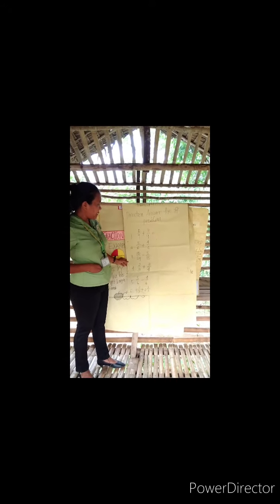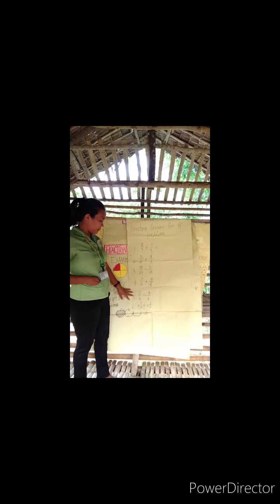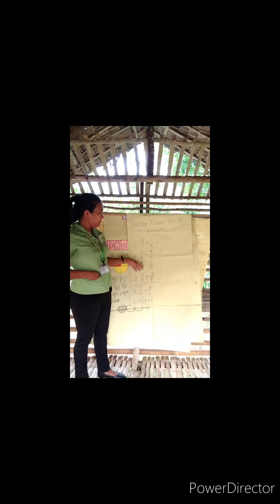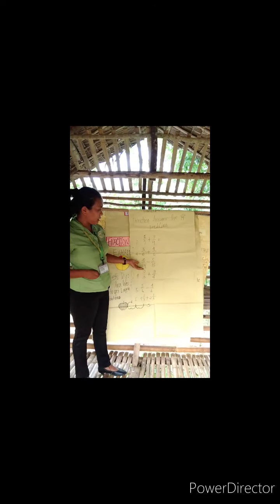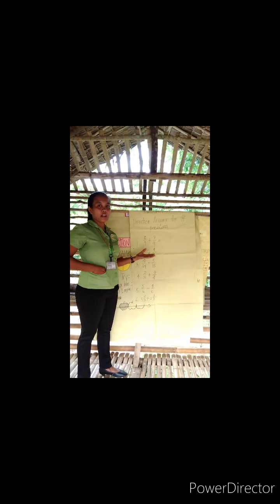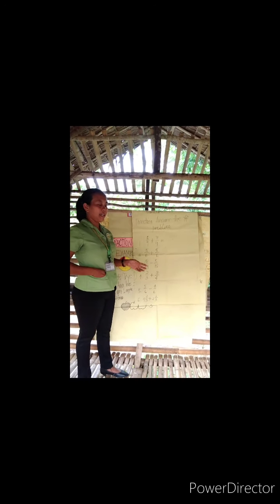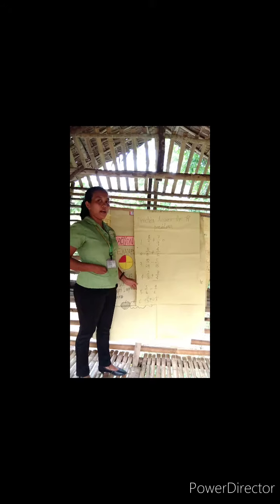Look at if the denominators are the same, or the denominators are different, or it is a mixed number. I already tackled a while ago the similar fraction, the dissimilar fraction, and the mixed fraction of addition, subtraction. Okay? Are you done, class? If you're done, pass your paper in front.